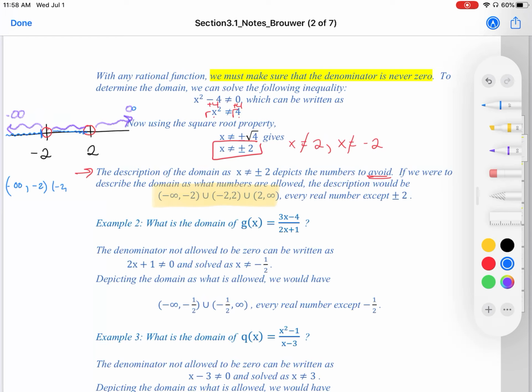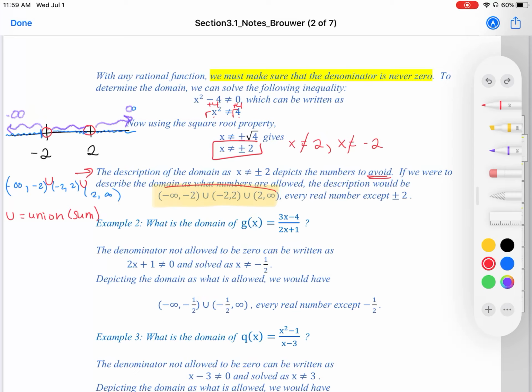So -2 to +2. Then we go from 2 all the way to infinity. So then 2 to infinity. And this is our answer. But whenever we have a break, we write a U. This U means union. That symbol is pronounced union, and it means the sum or a collection of. So we're saying that all of those three parts together make up our answer.